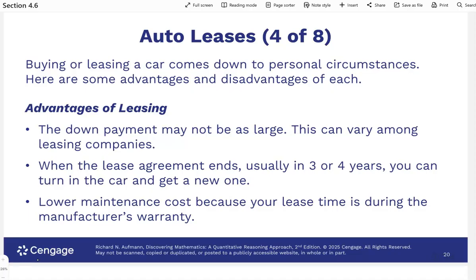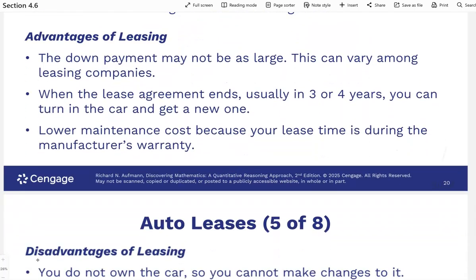A lot of times when you lease, the down payment could be smaller. The leasing agreement ends. So if you're looking at changing cars every 2, 3, 4 years, you can turn right around and get a new one, which means your maintenance isn't going to be as high, theoretically. Some maintenance could even be included in that lease agreement.